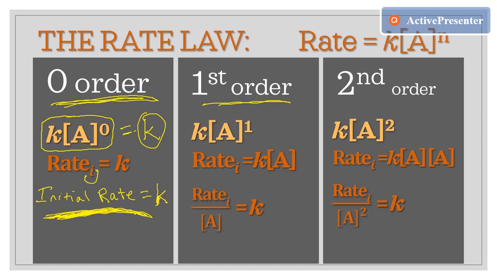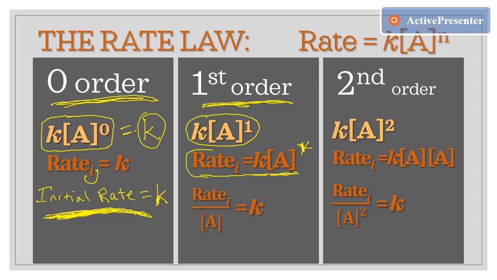For zero order, the initial rate is just K. Now in the first order, we have K times the concentration of A to the first power, which is the same thing as the initial rate equals K times the concentration of A. Remember, we don't have to put that 1 next to the concentration of A, because it's implied.